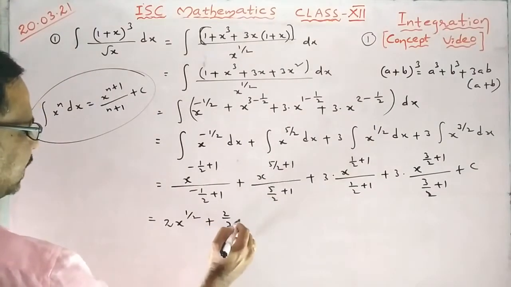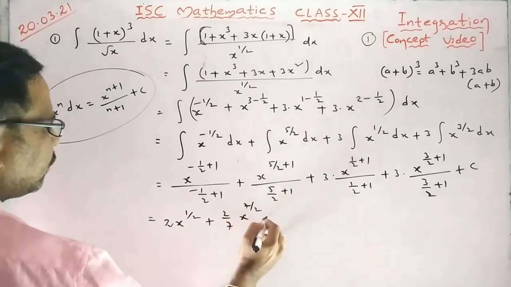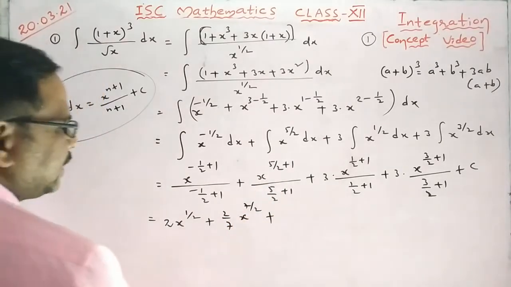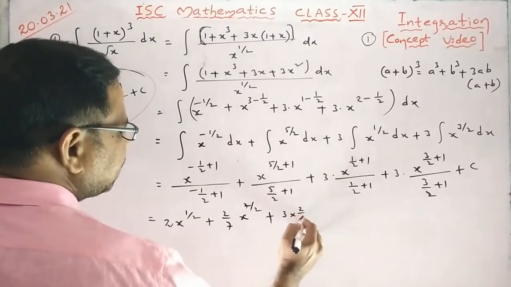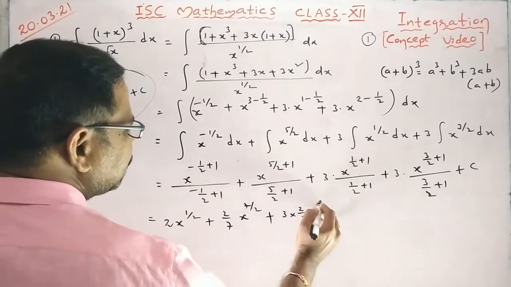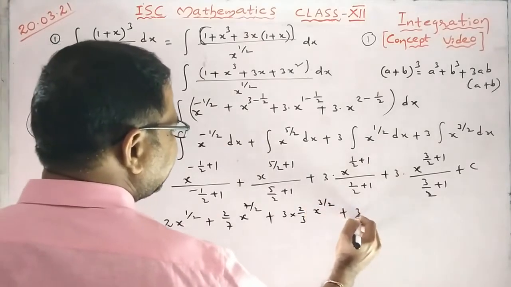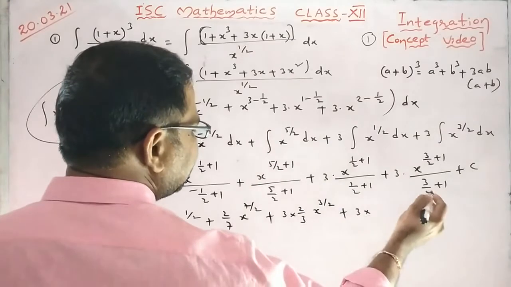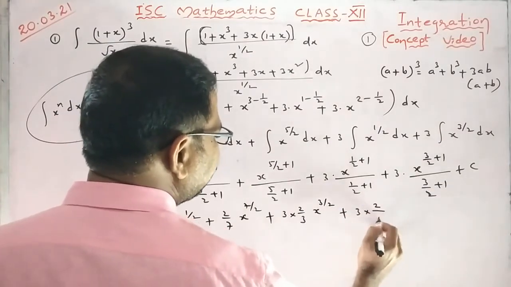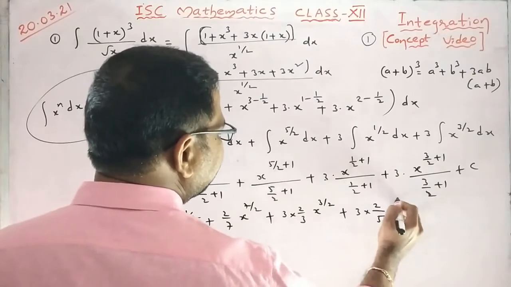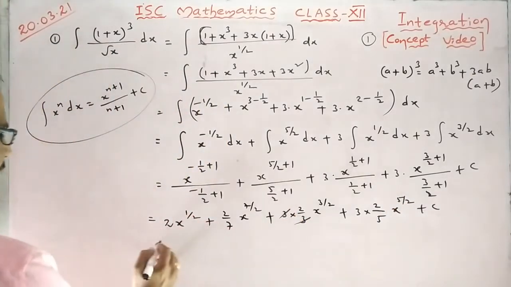That means 2 by 7 x to the power 7 by 2, plus 3 times 1 plus 1 by 2, 3 by 2. So this will be 2 by 3 x to the power 3 by 2, plus 3 times 3 plus 2, 5 by 2. 5 by 2 means you will get 2 by 5 x to the power 5 by 2 plus c. So here 3 gets cancelled.